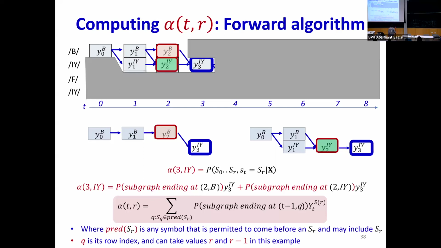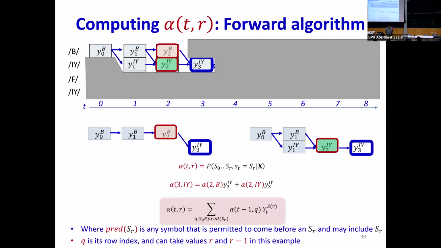So also this guy here, what is the probability of the subgraph that ends at this point? That's going to be alpha 2e. And so the probability of this graph here is going to be alpha 2e times y3e. So that makes sense to everybody?